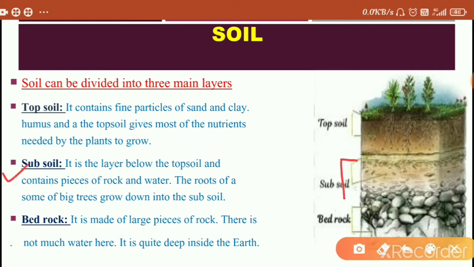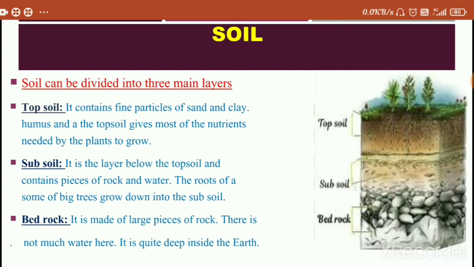From here to here, what you are seeing is known as subsoil. Subsoil is the region that consists of small rocks along with water. The roots of some big trees grow down into the subsoil. Here in this plant you can see the roots came till the subsoil.